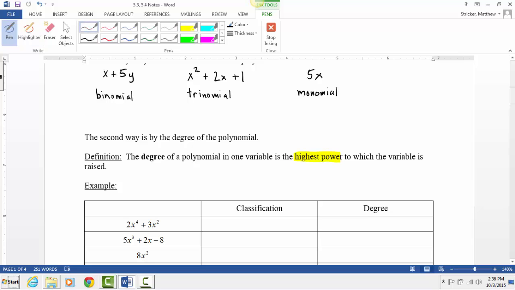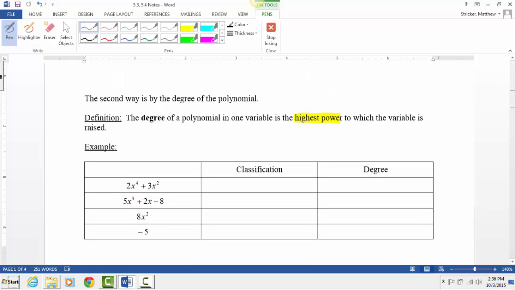So we have a table here with some different polynomials. We can classify this first one because it has 2 terms. That makes it a binomial. And then the highest power we see x raised to is x raised to the 4th power, so the degree is 4. Okay, the next line has 1, 2, 3 terms, so that's a trinomial.